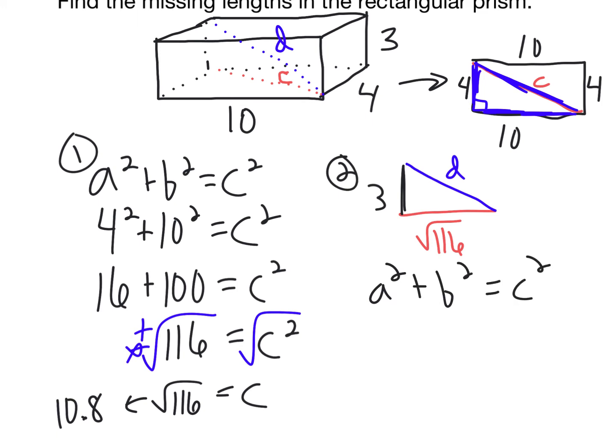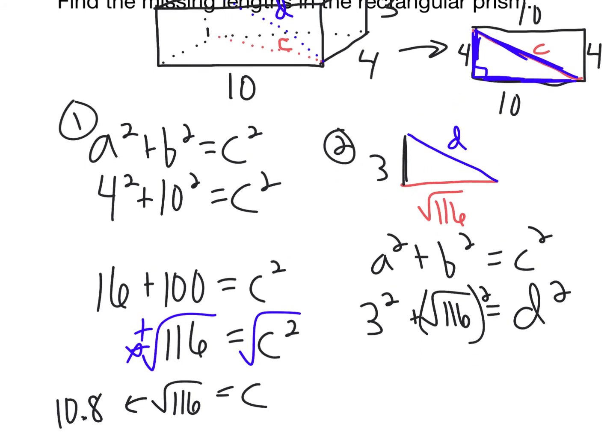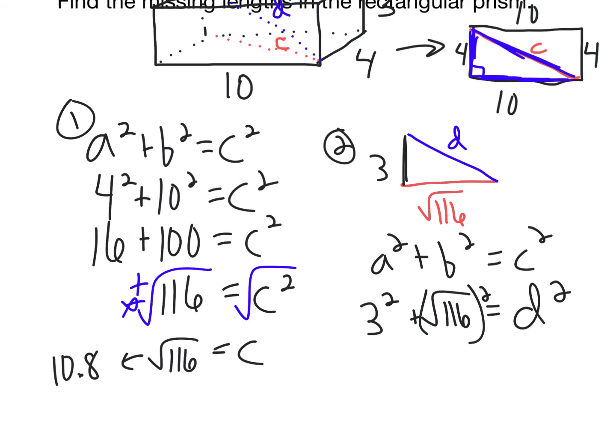And once again, we're trying to find the diagonal. I did D for diagonal, or maybe we would have been given that letter. This is similar to one that we did in your book for your assignment. I just did that because we already had a C, just so we don't get confused on what's what.